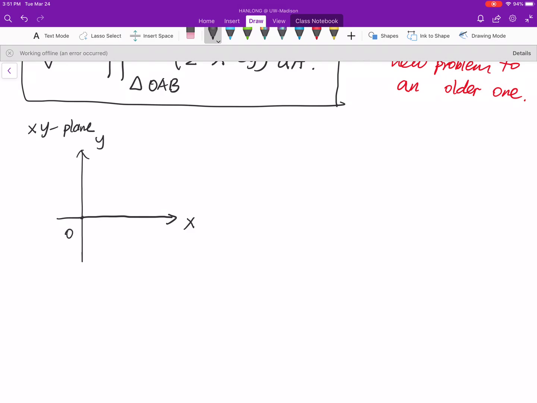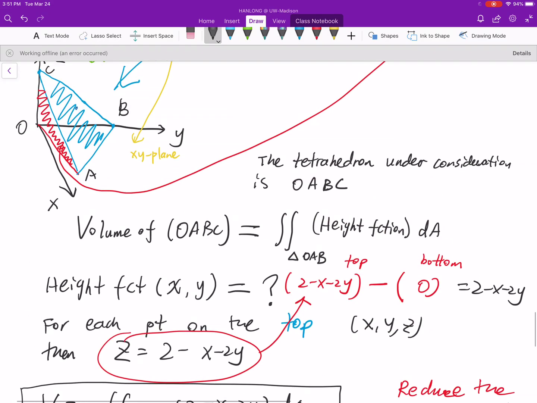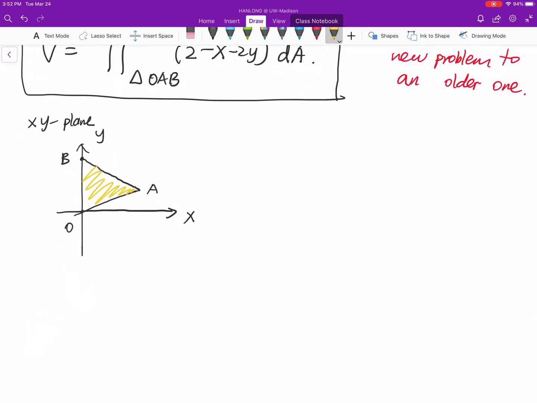This is O, this is A, this is B. Okay, so it is clear we can view triangle OAB as a type 1 domain.